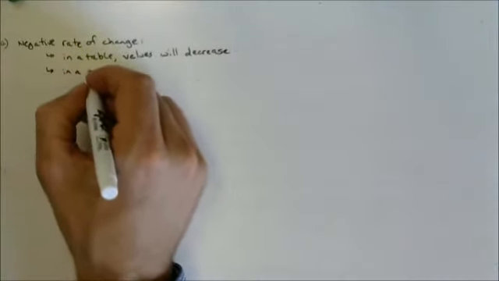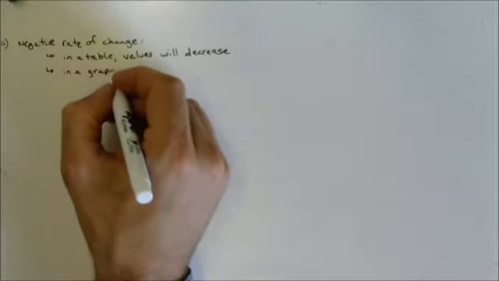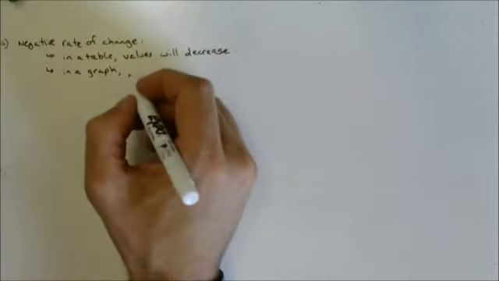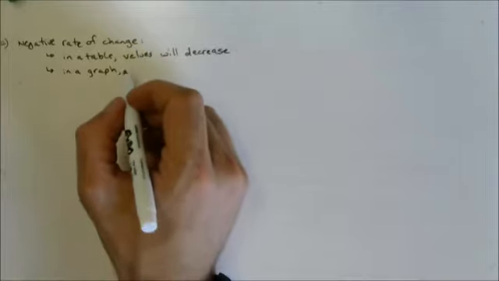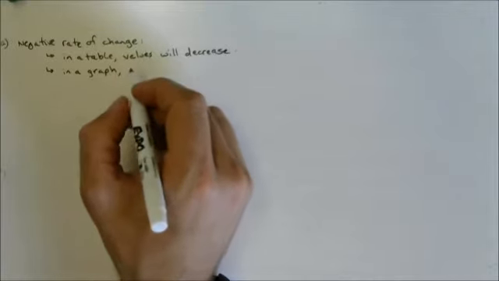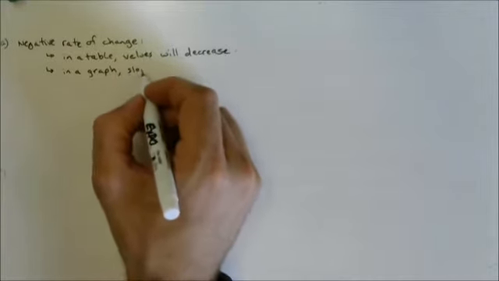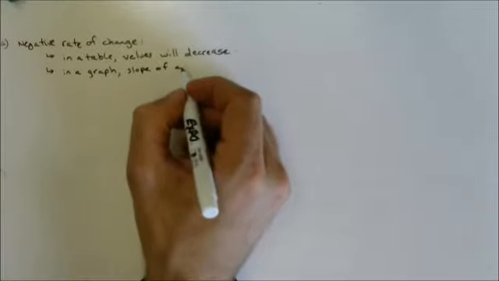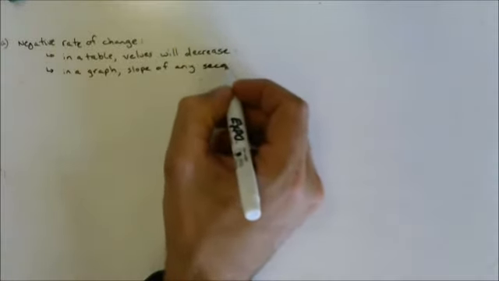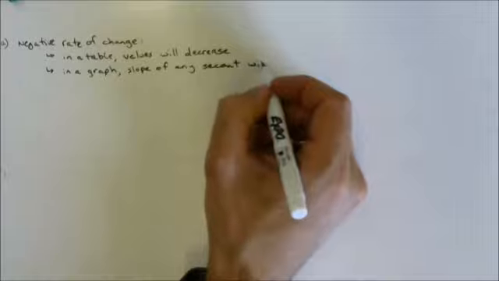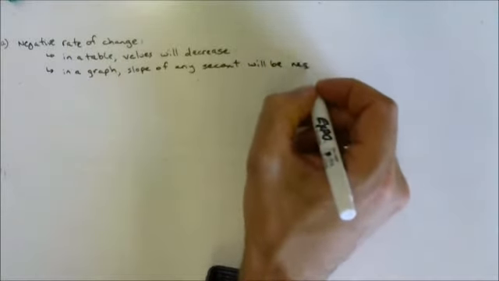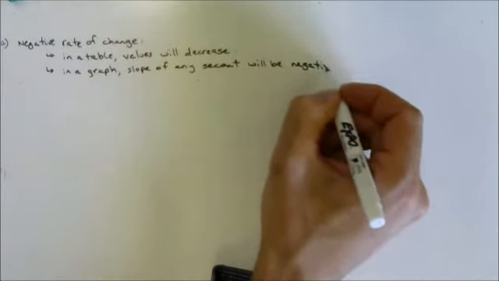What about in a graph? How can you tell that it's negative? The slope of any secant will be negative. Okay, that's just quickly how to look at things that are negative.